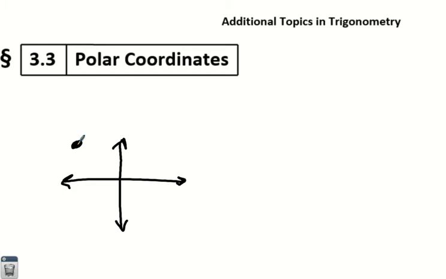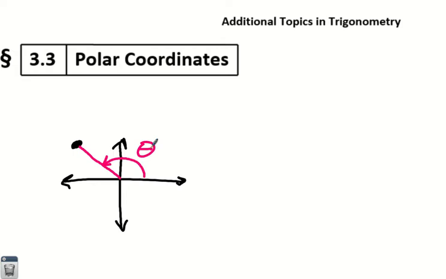Well, another way to describe where this point is is to talk about how far away from the origin it is. So you could talk about the length of that line, but you would also need to know where this line is, or maybe what the angle of it was. You know what I mean? Think about it.